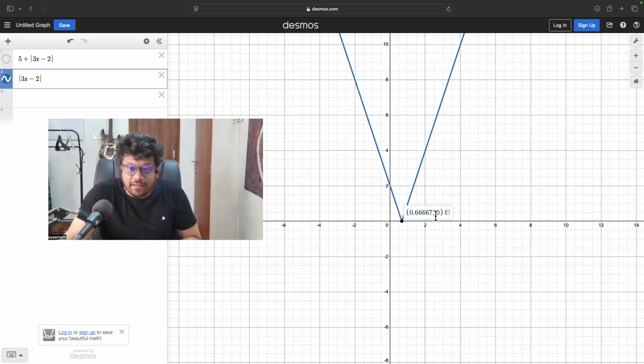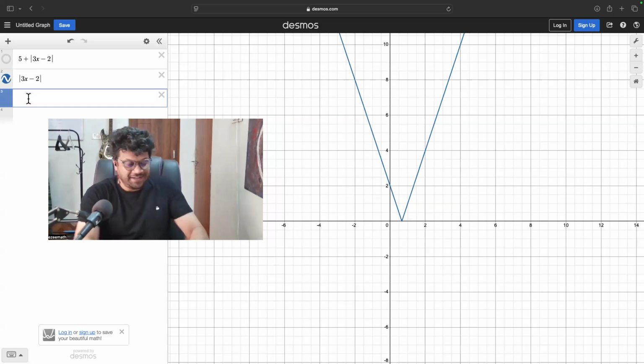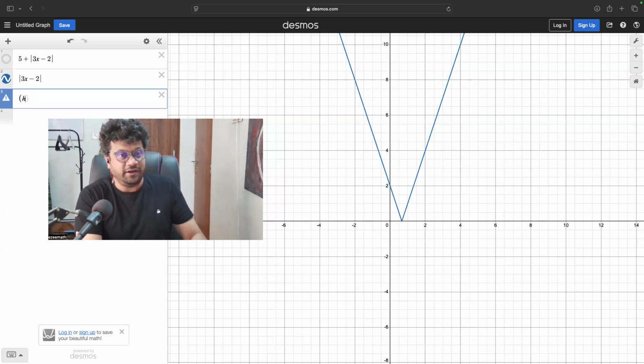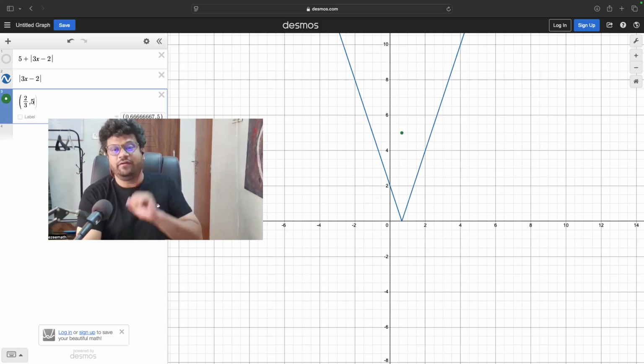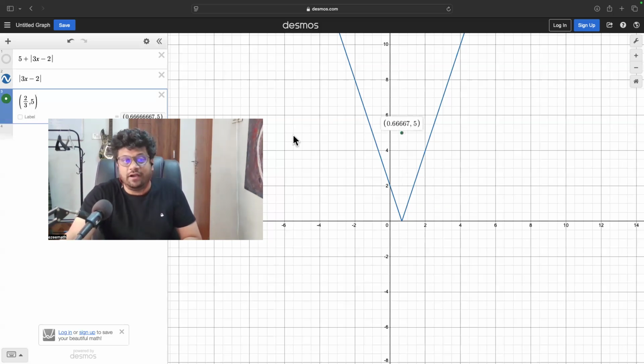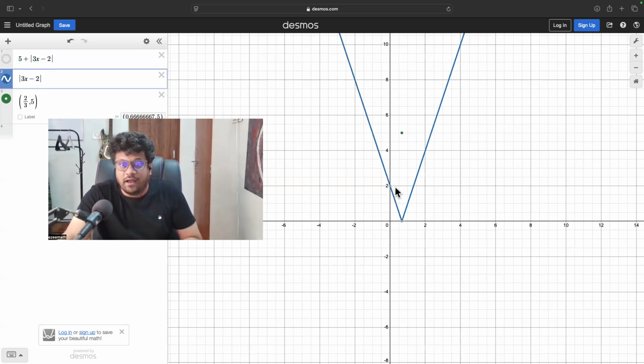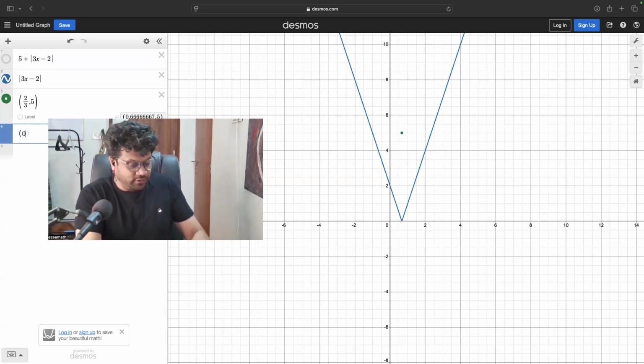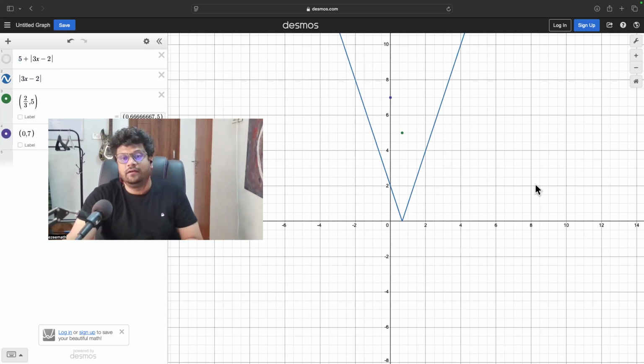It means that the y coordinate is supposed to change. So you go 2 by 3, which is literally 0.6667, comma 5. That's where you'll see the vertex of this thing if this is sketched first. And this point, 0 comma 2, will become 0 comma 7. That gives you a rough idea about what this may look like.